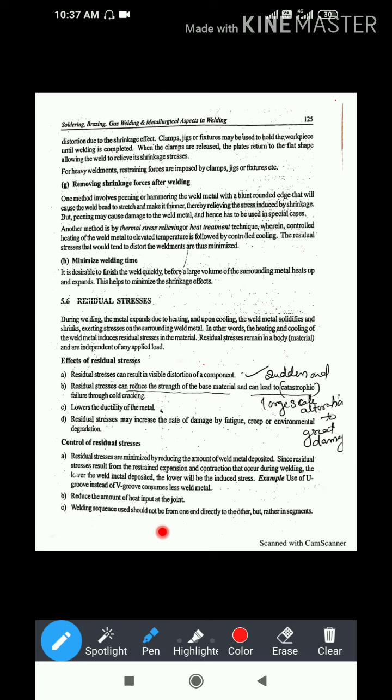It should not deposit at one place in a larger amount, so you have to move the candle from one place to another frequently, so that an equal amount of liquid wax is spread or deposited over there.